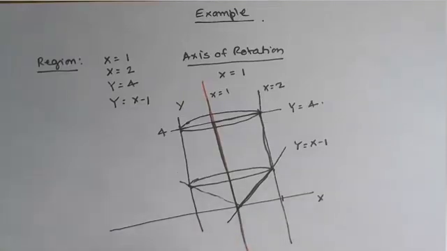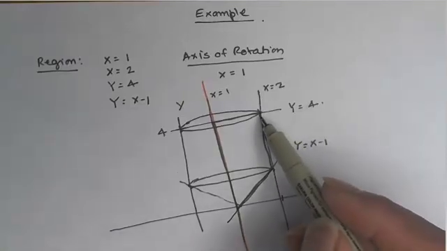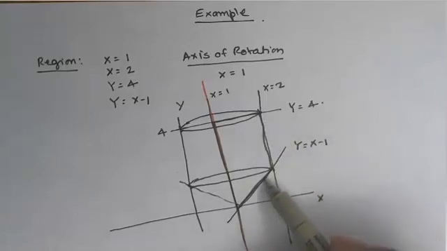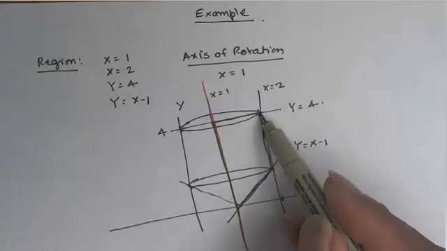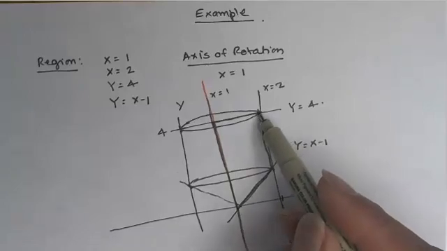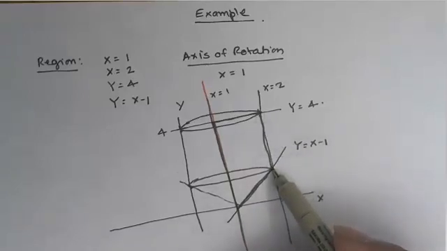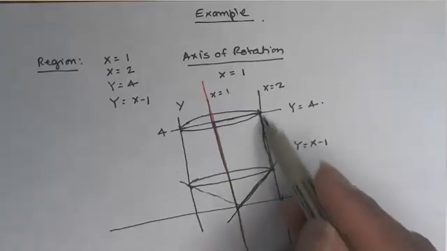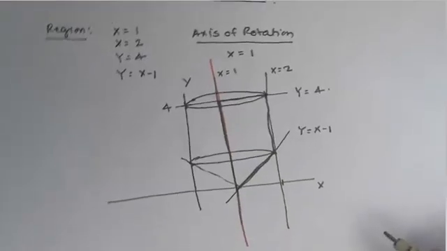Okay, so the thing to note here is that this outline of the region is now defined by two equations. It's defined by x equal to 2 from here to here, and y equal to x minus 1 from here to here, and that's going to make a difference. And that's why I'm doing this example, so you can see what happens when the boundary is defined by more than one equation.